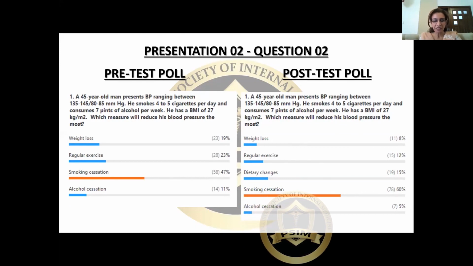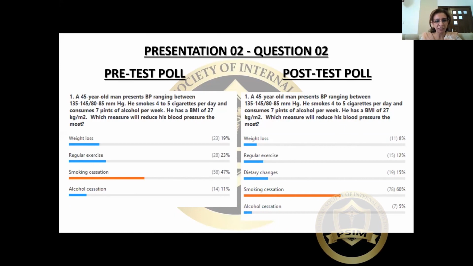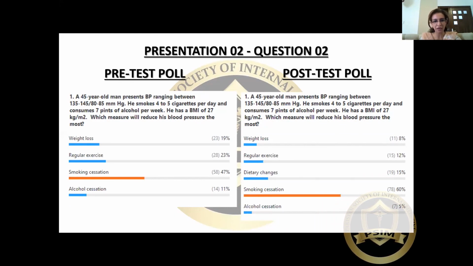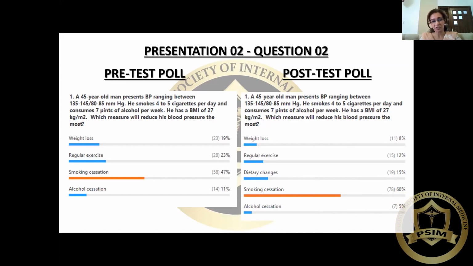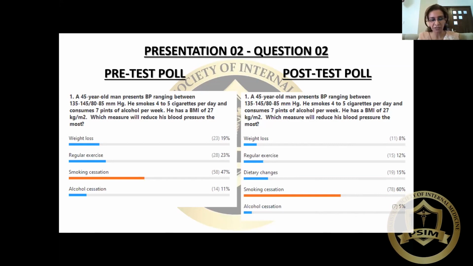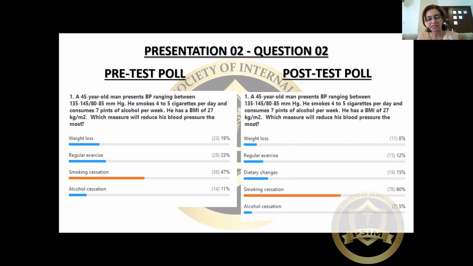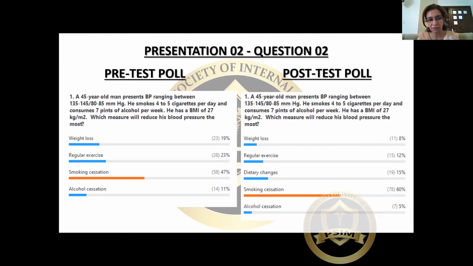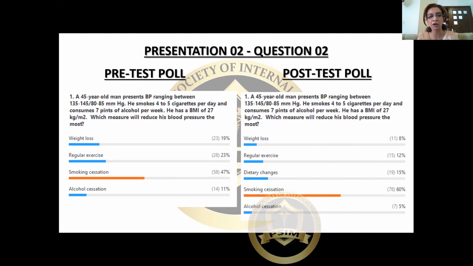So for this one, I think there was an error. Here, for the first, one of the options should have been dietary changes. I would like to again stress, because we learn at any time of the presentation, maybe you missed the point, that dietary changes, that is the DASH diet along with low sodium intake, will cause the highest reduction in blood pressure, of around 11.5 millimeters systolic.